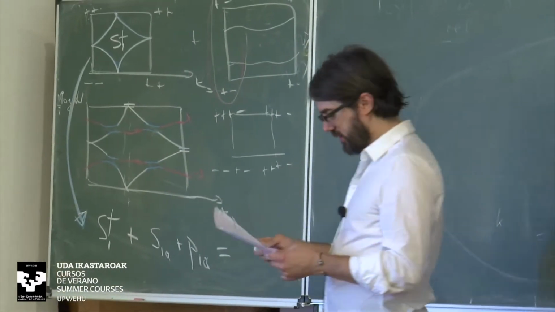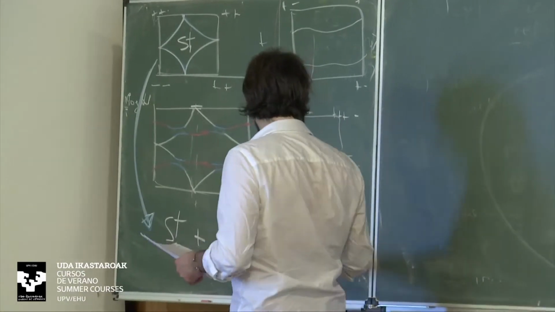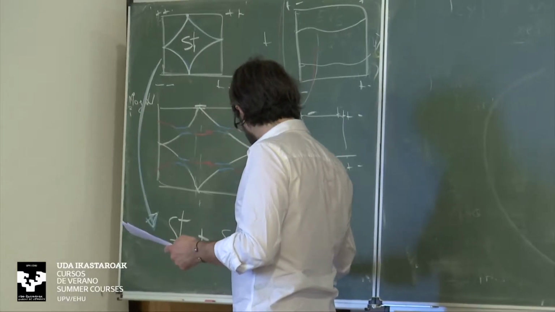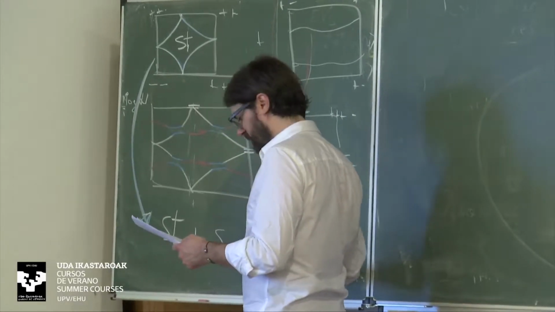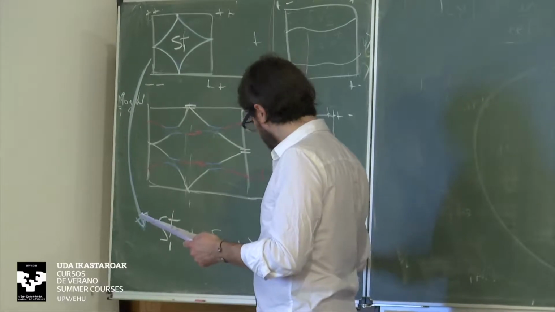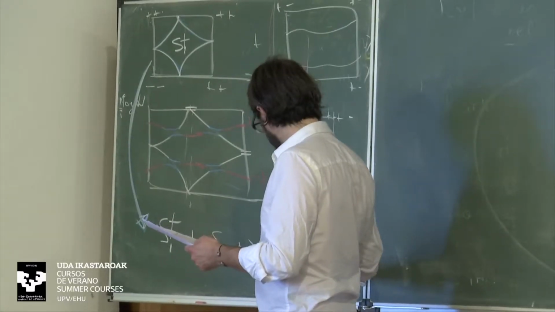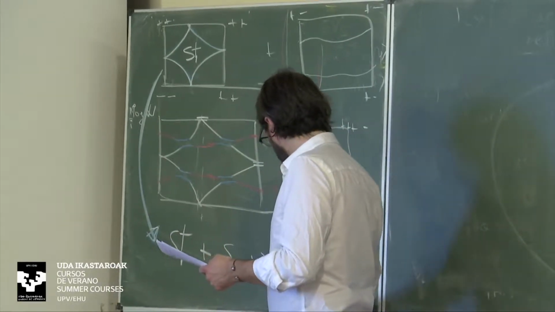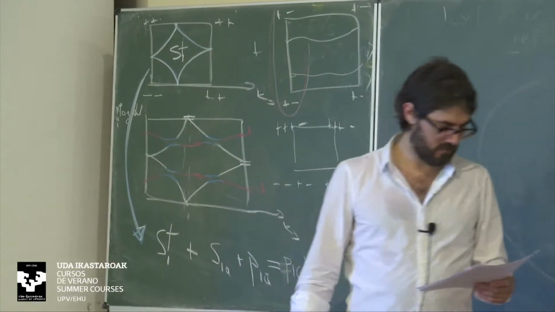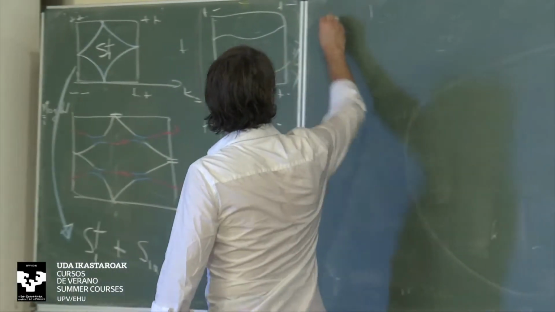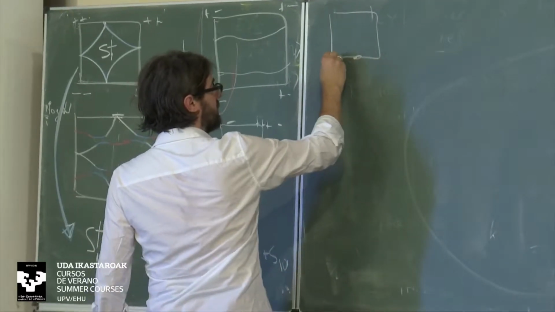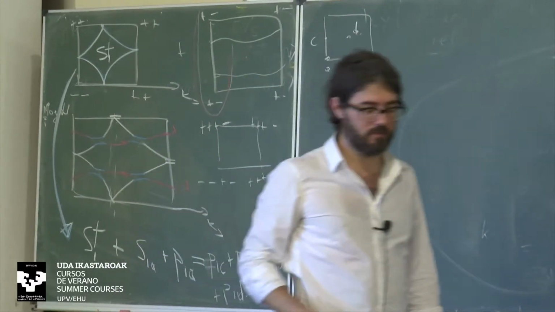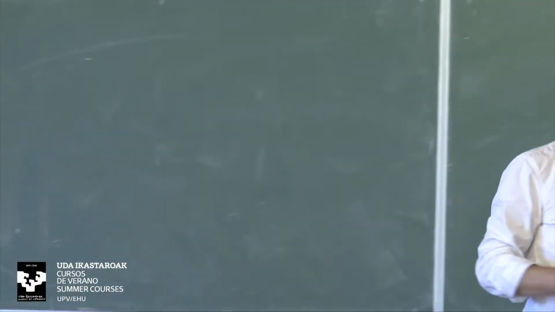And I claim that you can check, and I'm sure you've checked this yesterday, that this is the p orbital at 1c position plus p orbital at 1b position plus s orbital at 1a plus p orbital at 1d position. And I remind you the Wyckoff positions in the lattice were A, B, C, D, all with 1 because they have multiplicity 1. Okay?